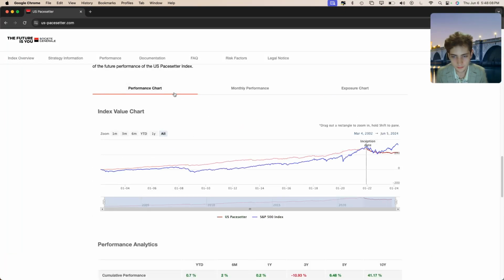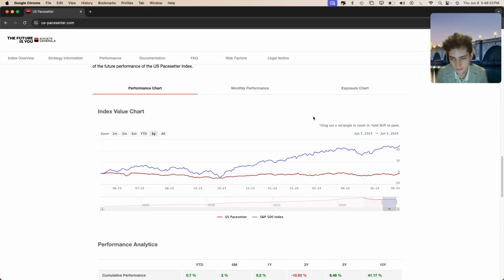We take a look over here. This is probably the most important part, which is the actual performance of this particular index. Now, this index was created right here in about December 20th, 2021. That's when the index was formulated. So let's look at it on a yearly basis. As we all know, the S&P 500 has returned amazing this year. Not year to date, but year over year, the S&P 500 has returned 25%.